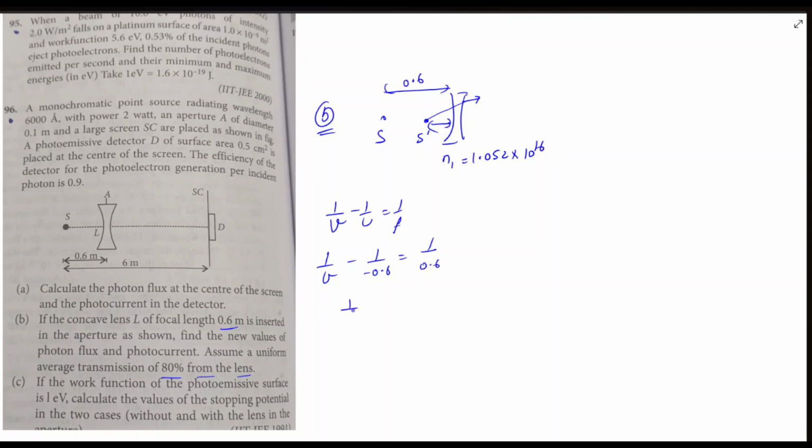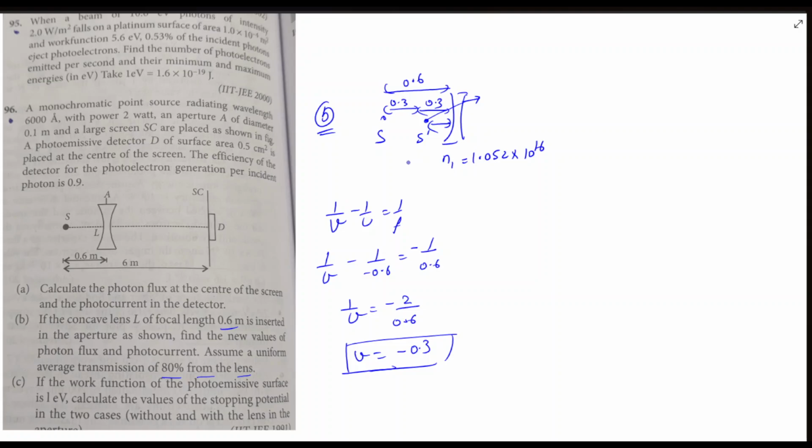So this will be minus, this is plus, so it will be minus 0.6. So we will get minus 0.3. So this distance will be 0.3 and this will be 0.3 also. So both will be 0.3.